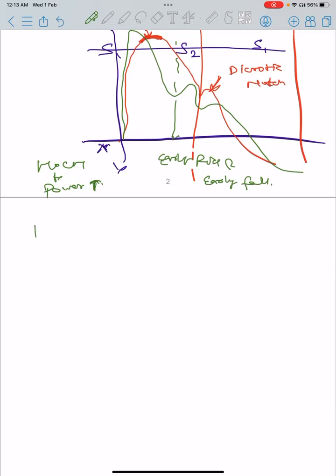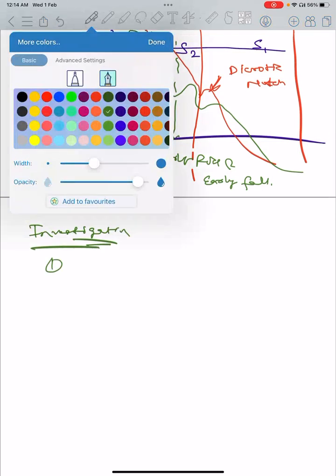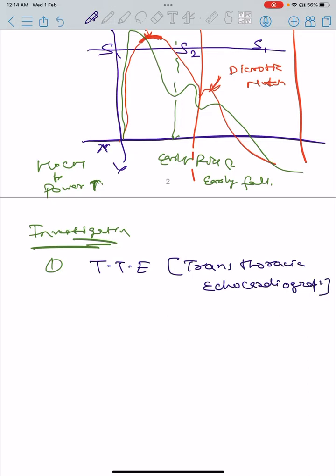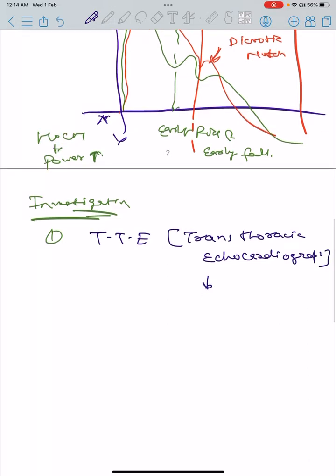While on investigation, we see through the TTE, transthoracic echocardiograph, the banana-shaped cavity, which I have highlighted earlier.